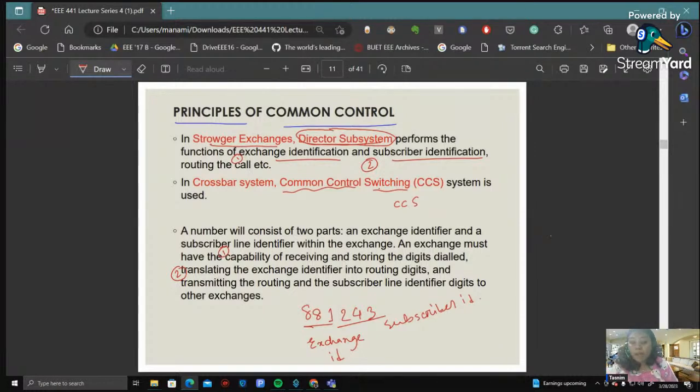So which path it will take must be identified, then transmitting, routing, and finally allocating the subscriber line to route to the receiver. So these are the three functions for the CCS exchange ID.